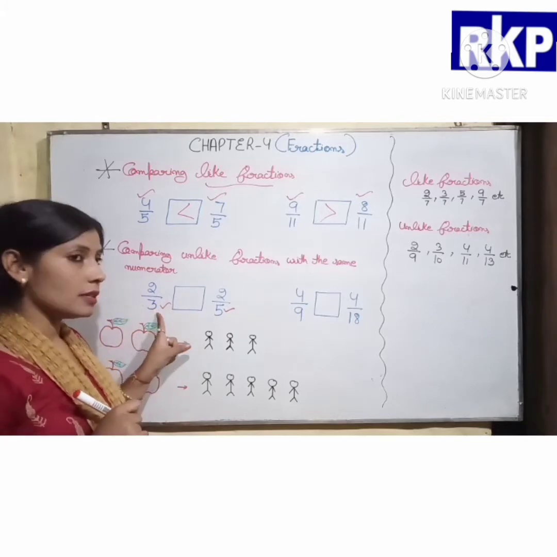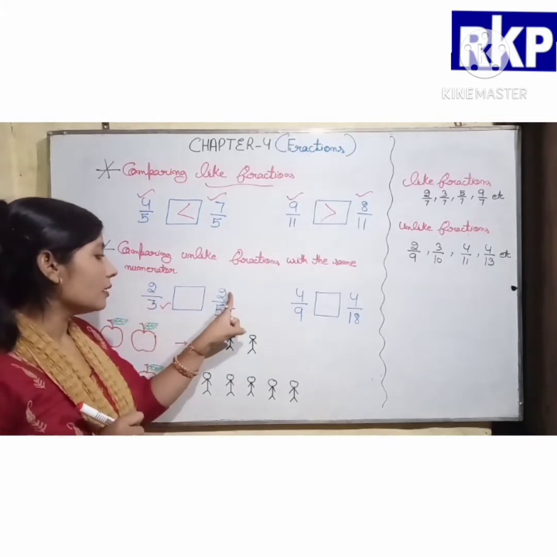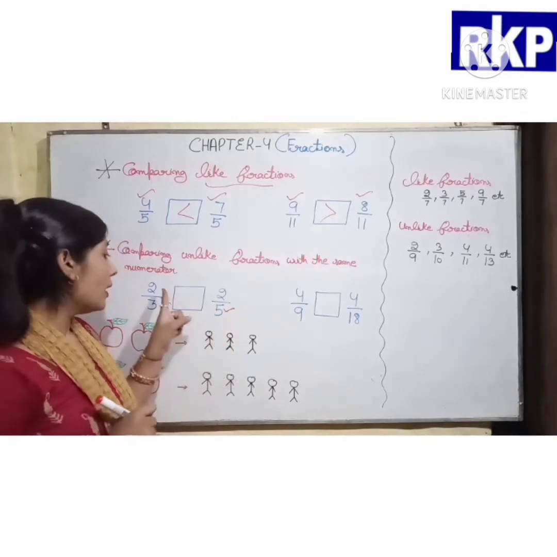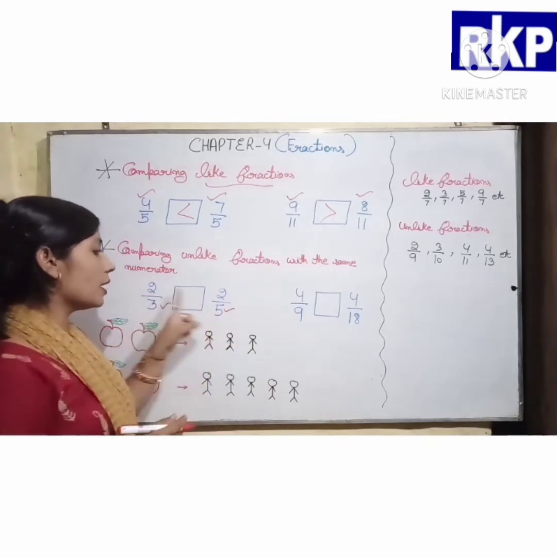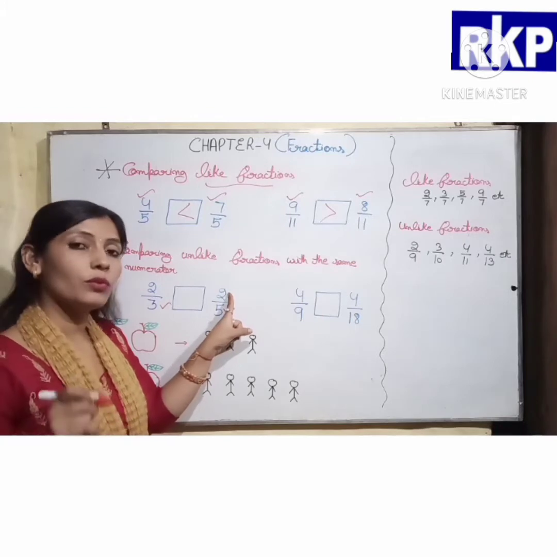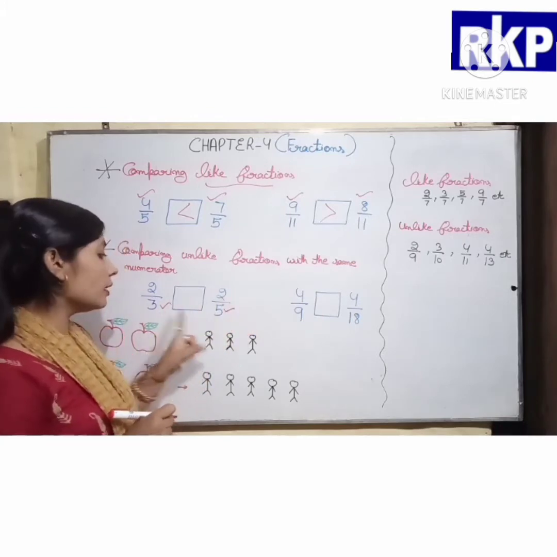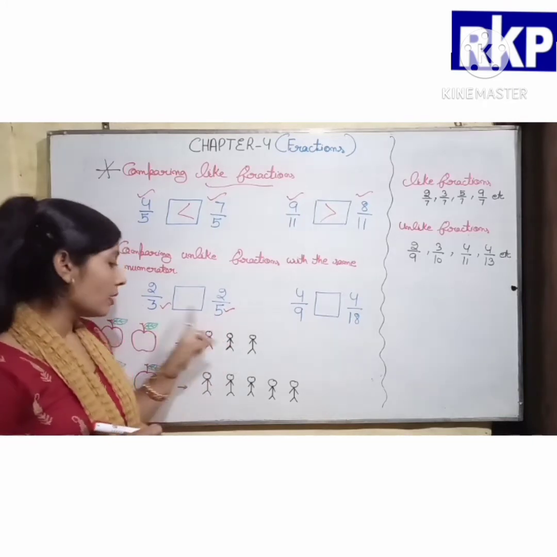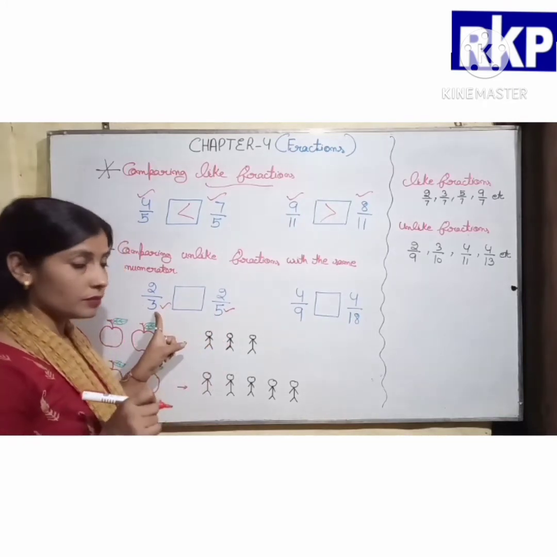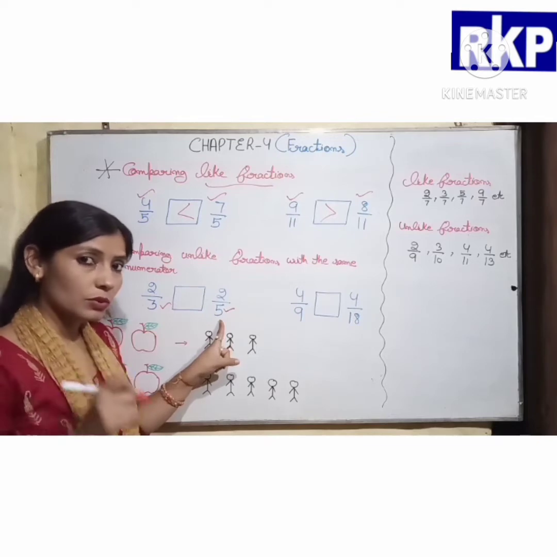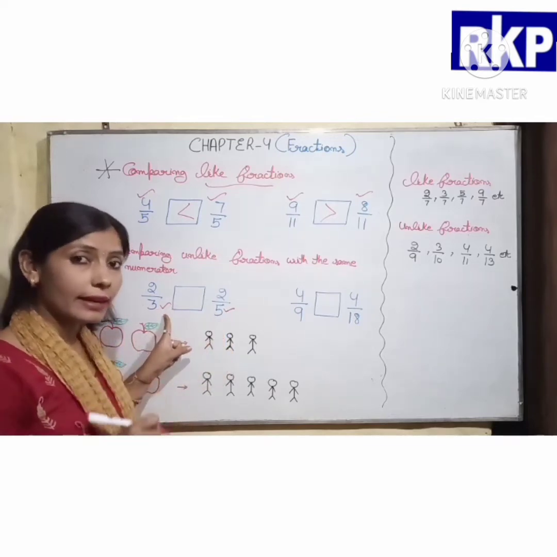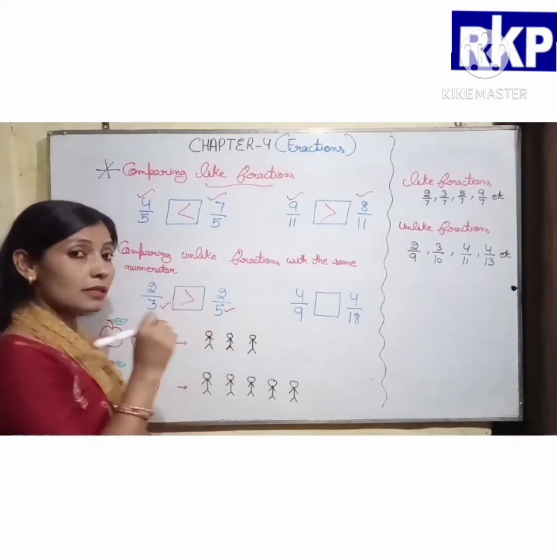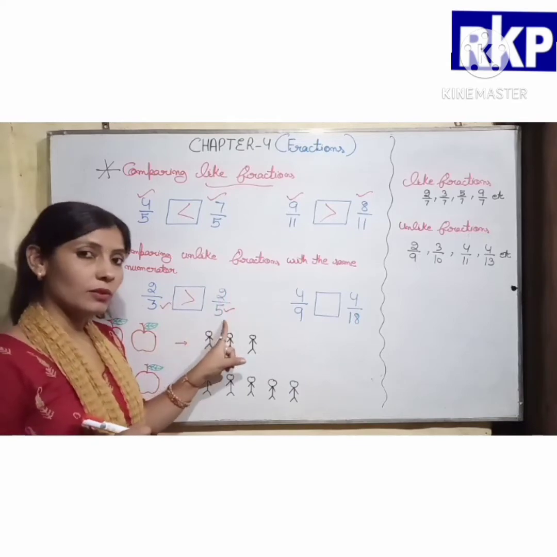Here you can see 2 by 3 and 2 by 5, both with the same numerator. So we need to check only the denominator, and 3 is smaller than 5. So 2 by 3 is greater than 2 by 5.